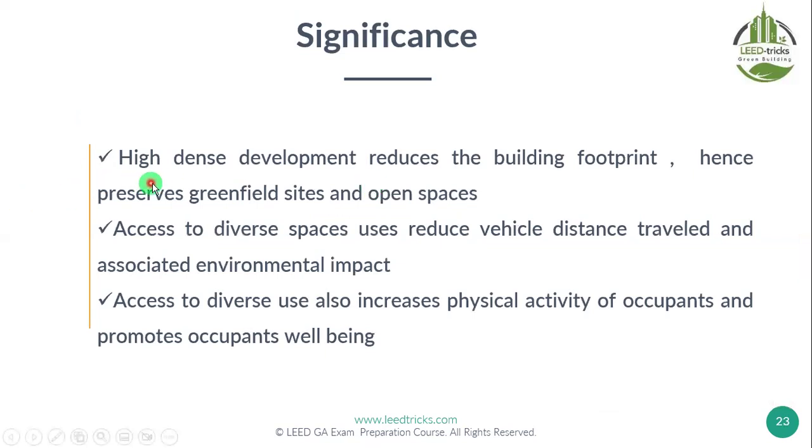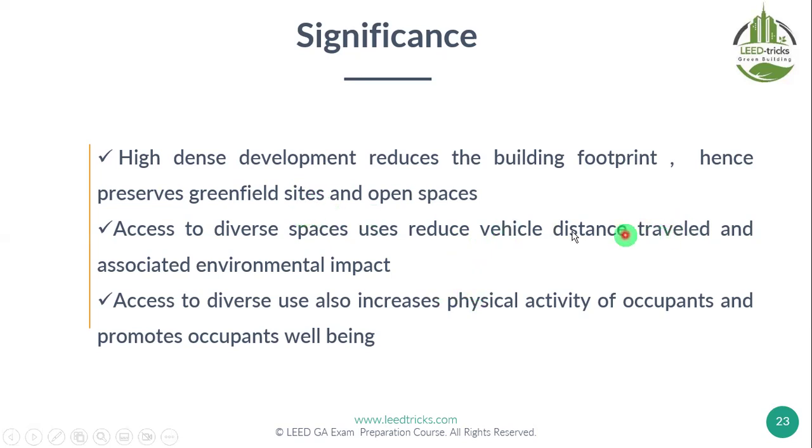So, surrounding density and diverse use. Why? All of you like to live in an area with density. When you walk in the street, you will find everything surrounding you. So it's socially better, economically better, and environmentally even better, because when we live in a more compact and dense area, we are leaving the green fields and open areas safe.